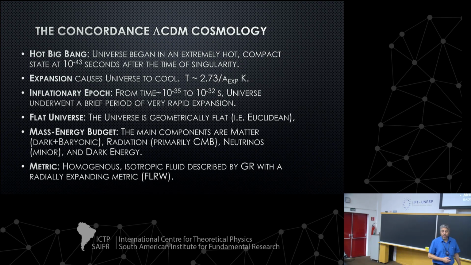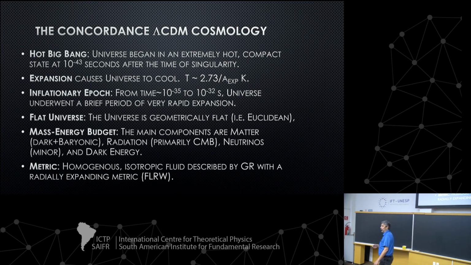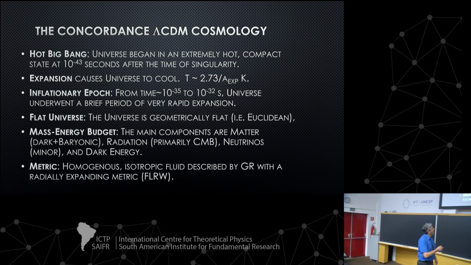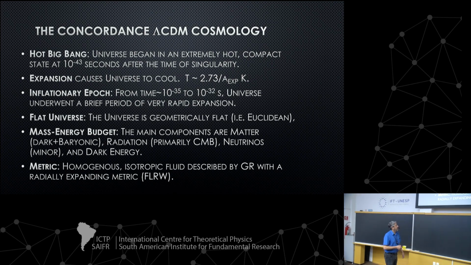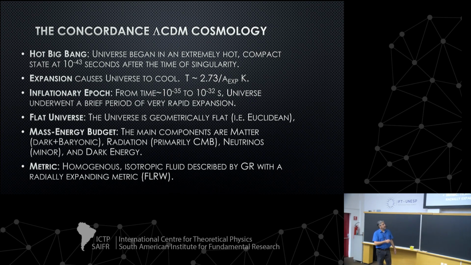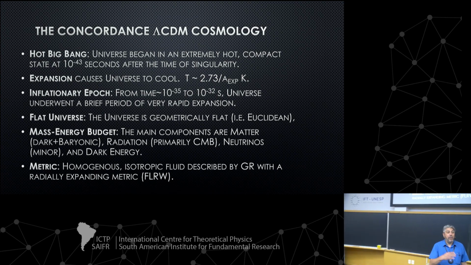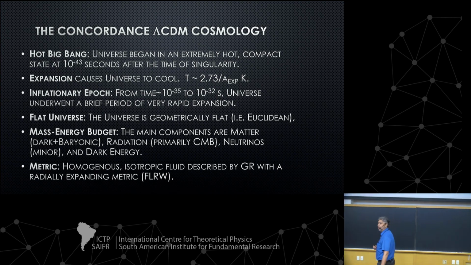We believe the universe is geometrically flat. We'll talk about why in a minute. That means it satisfies Euclidean geometry on large scales. And there's a mass energy budget, which again we'll talk about a little bit, which is the matter components, the radiation components, neutrinos, and dark energy. The main distinction between these components to a cosmologist is how the densities evolve with time, okay?